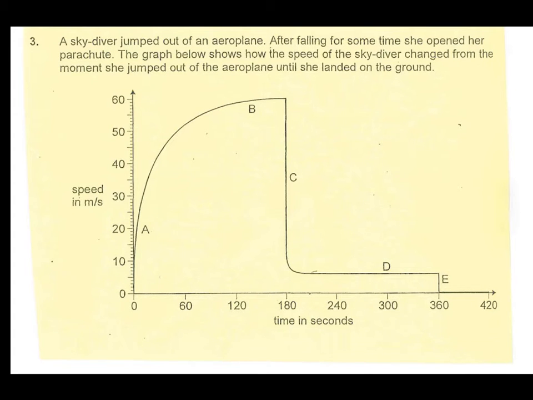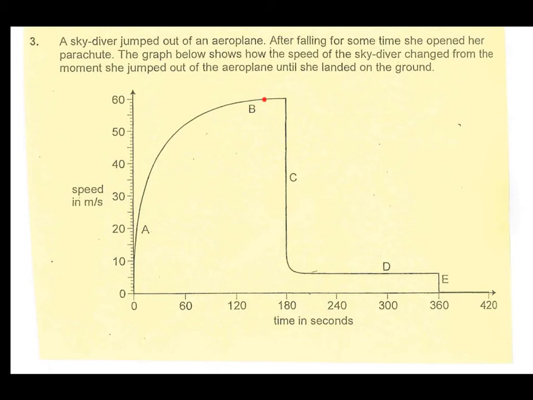So here's the graph that goes with the parachute jump. You can see it matches the description of the journey that we sketched a graph for earlier. So we've got jumping out of the plane, starting to accelerate, speed increasing, air resistance increases, so the resultant force decreases, and we get to terminal velocity here.